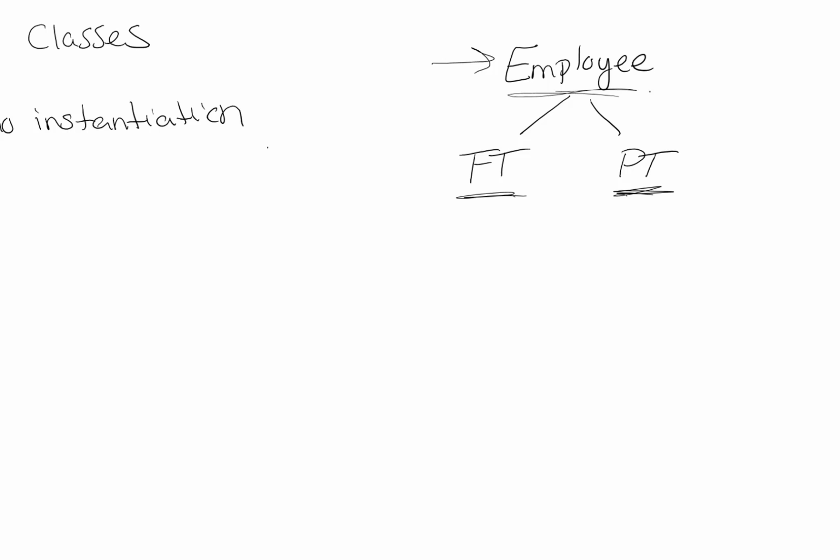And so while making a class abstract does not interfere with the example of polymorphism, creating lists of a type or creating loops that use a type, we just can't create any objects that are specifically of type employee. They would have to be full-time or part-time.